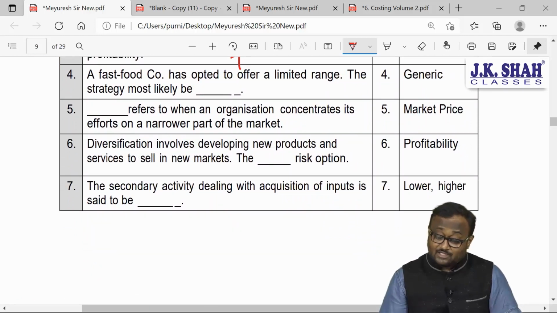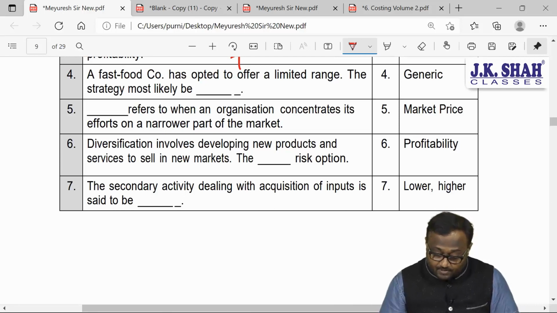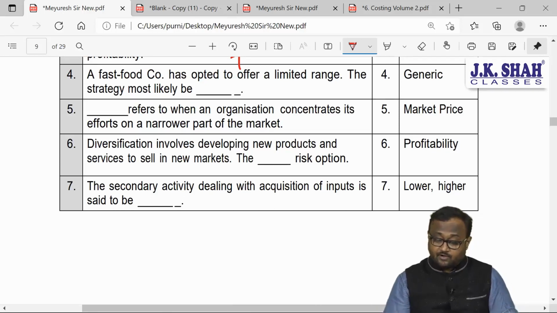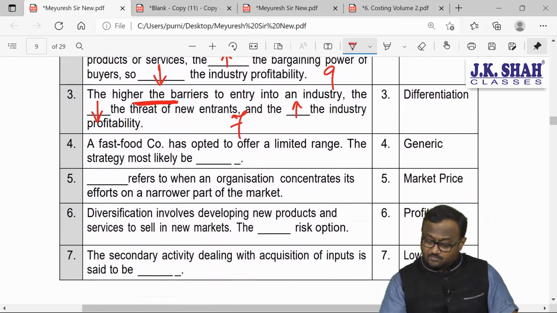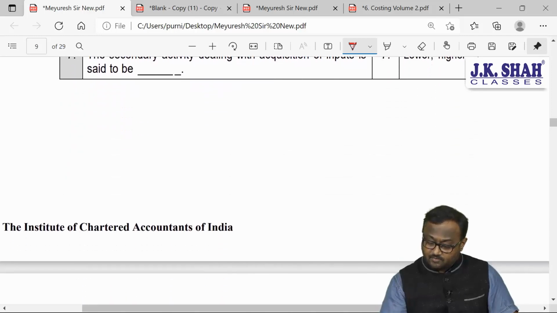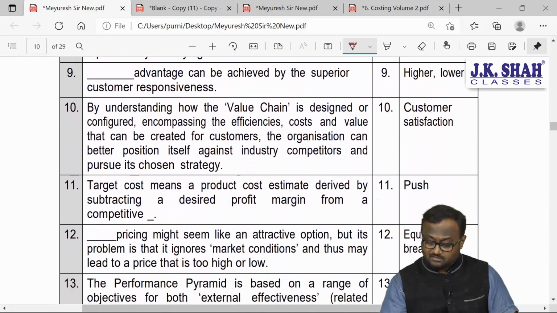A fast food company has opted to offer a limited range. The strategy most likely to be: limited range, procurement, Six Sigma, differentiation, generic, market price, cost plus.